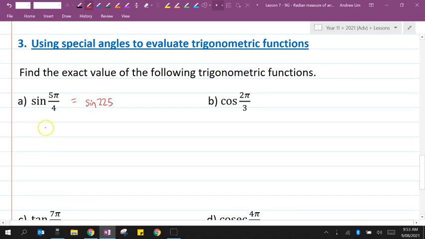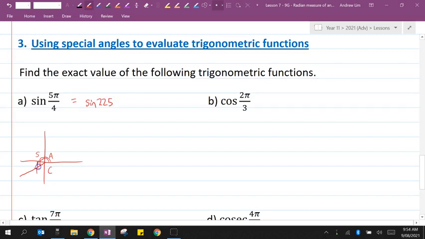Now if I were to use my all stations to central, I know that 225 degrees lies in the third quadrant, and so if this is 225 degrees, the reference angle has to be 225 minus the 180.